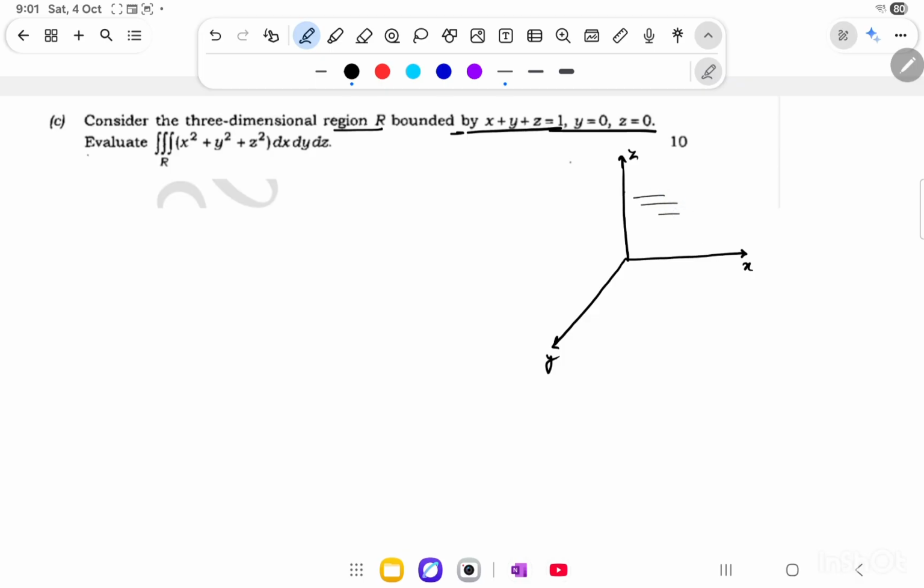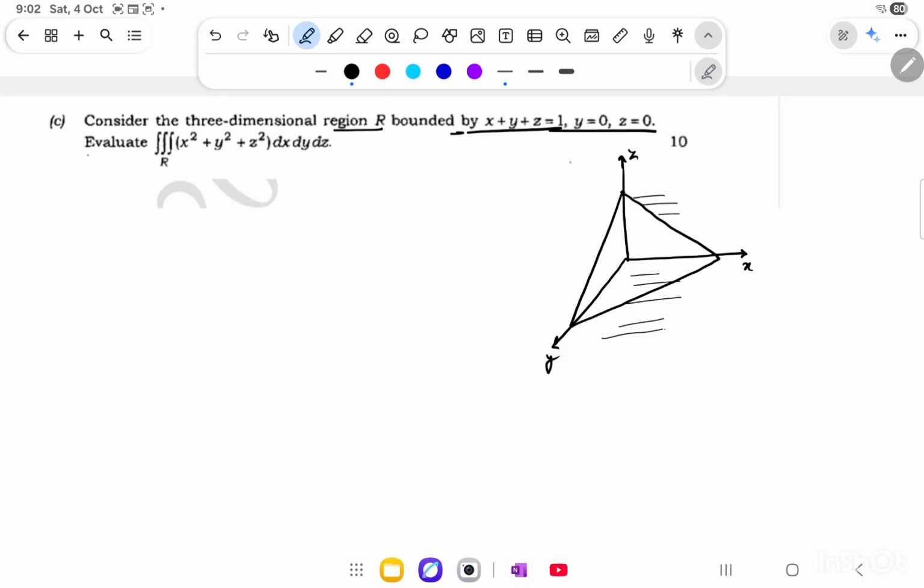Likewise, the second plane is z equals 0, which will be this plane. And the third is x plus y plus z equals 1, which will be this plane.